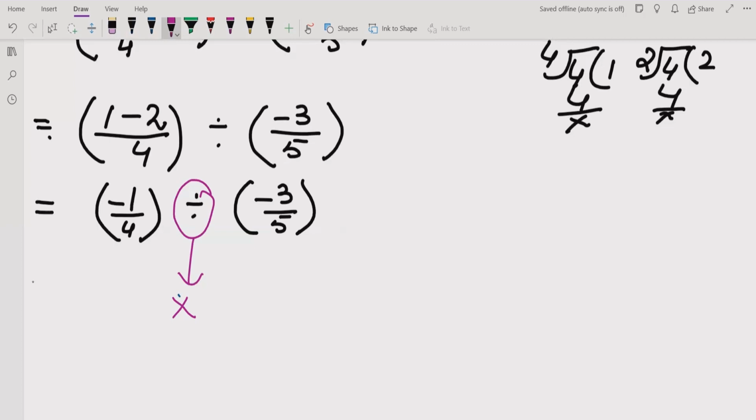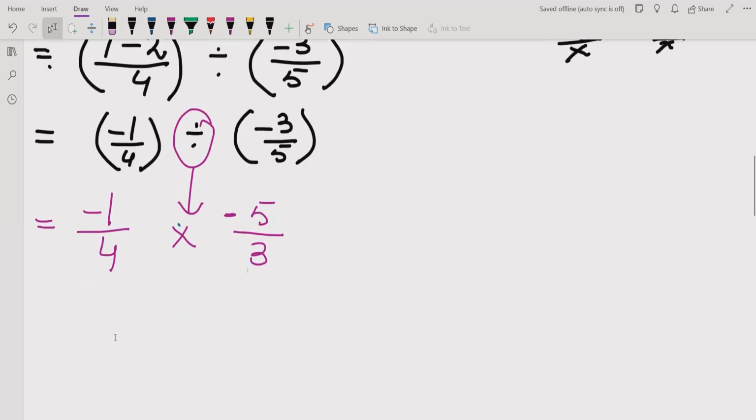So we will write minus 1 upon 4, multiply, the division sign is changed into multiplication, and now we take the reciprocal, 5 upon, minus over here and upon 3. This part has changed because we changed the division sign into multiplication, and after that we can take the reciprocal of the denominator.